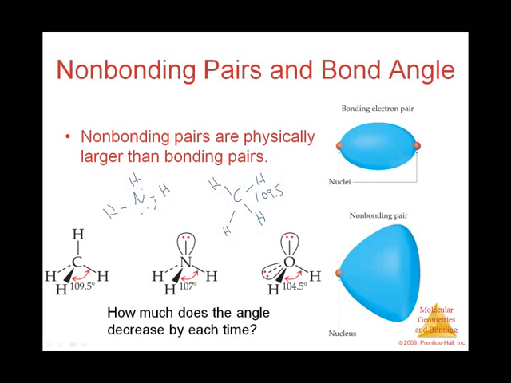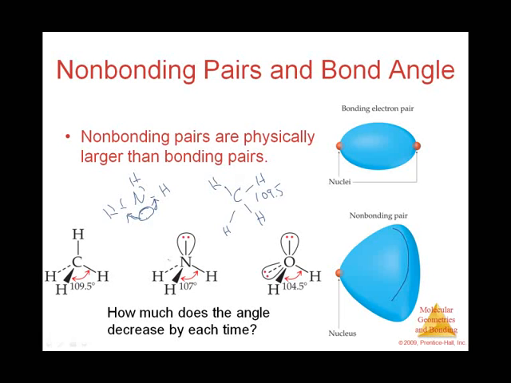these are not all 109.5, and that's because the non-bonding pair of electrons, the ones here, take up more space than the bonded pairs. Okay, so these are going to be skewed further away from this lone pair, so they take up more room, and as a result the bond angle shifts.